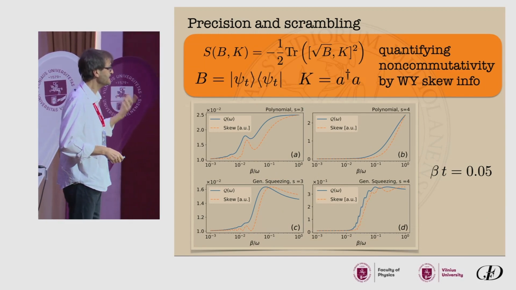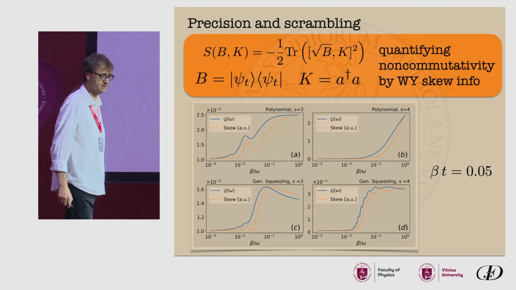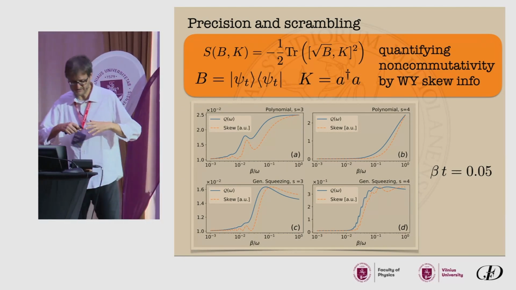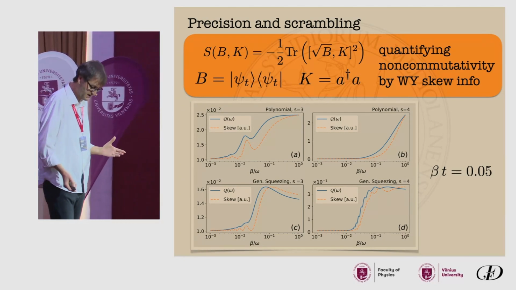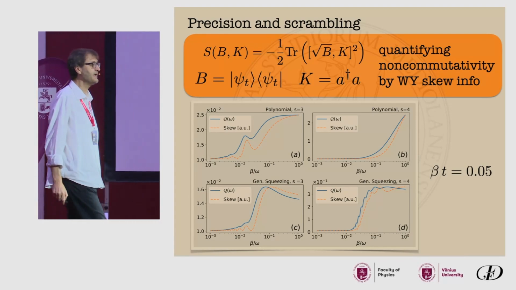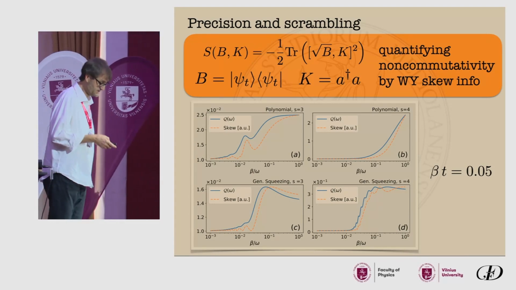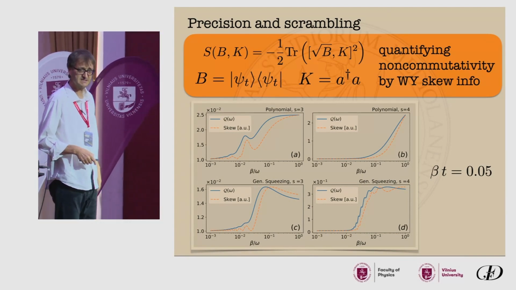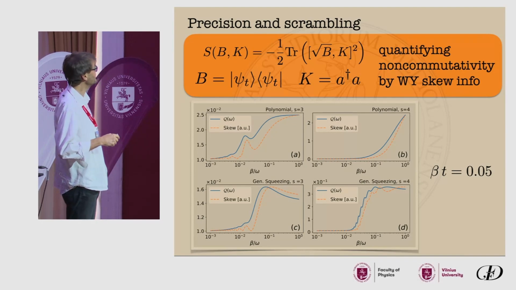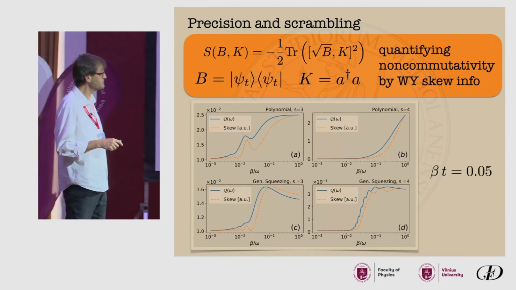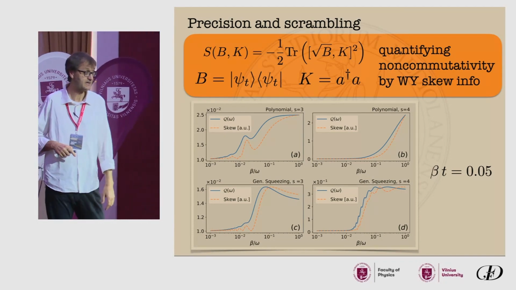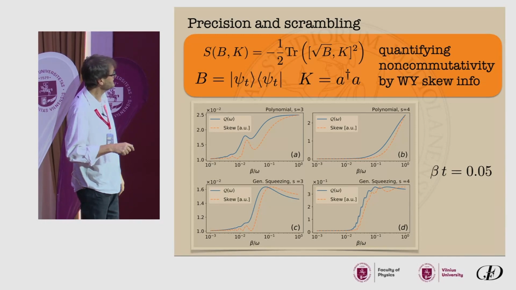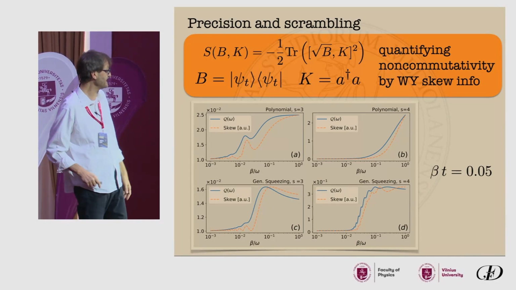And well, let me try to understand this behavior better. We were guided by the intuition that the more those nonlinearities are scrambling information, meaning they are not commuting with the number operator, the more they are effective. So we try to make a quantitative assessment of this intuition, taking one of those quantities that are used to quantify non-commutativity. And so we calculate how much the number operator is not commuting with the final state.